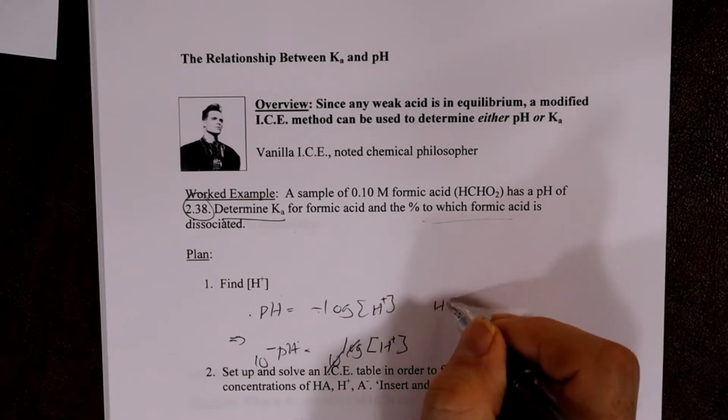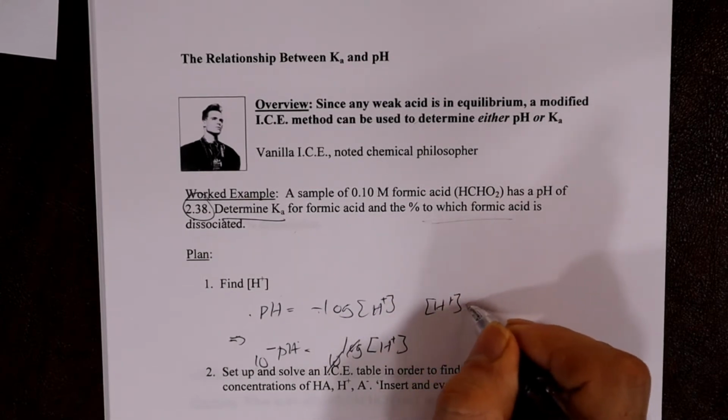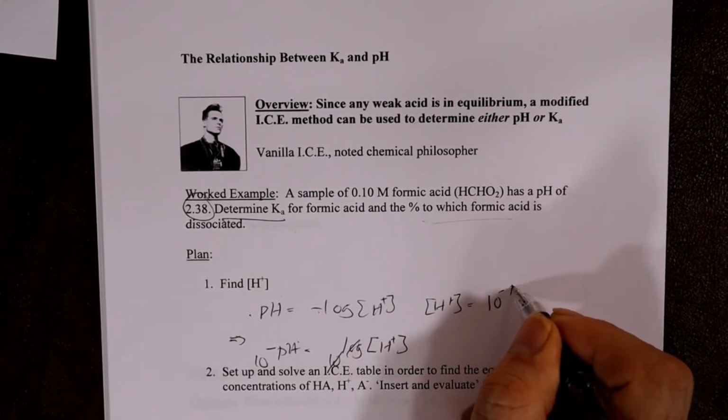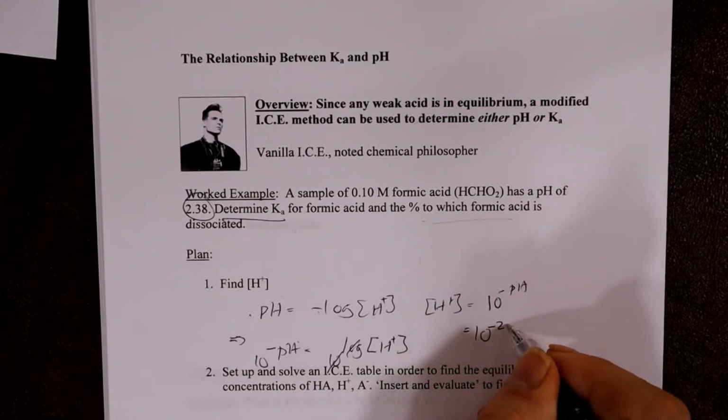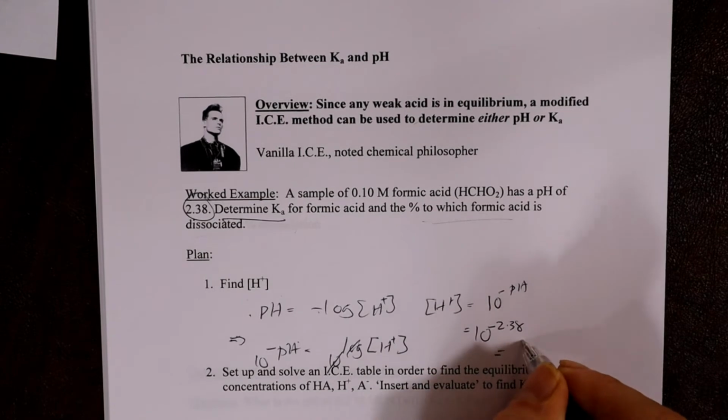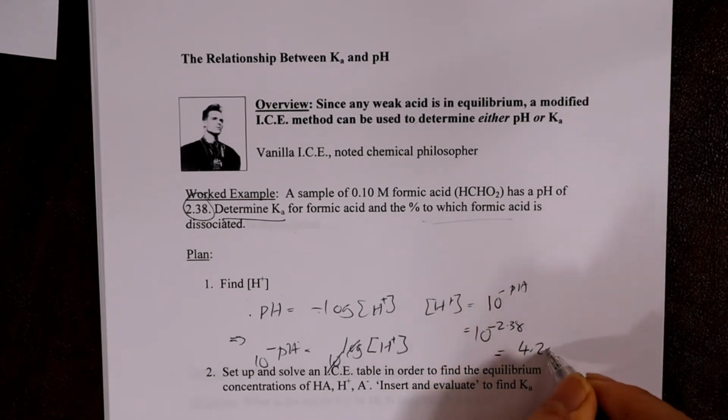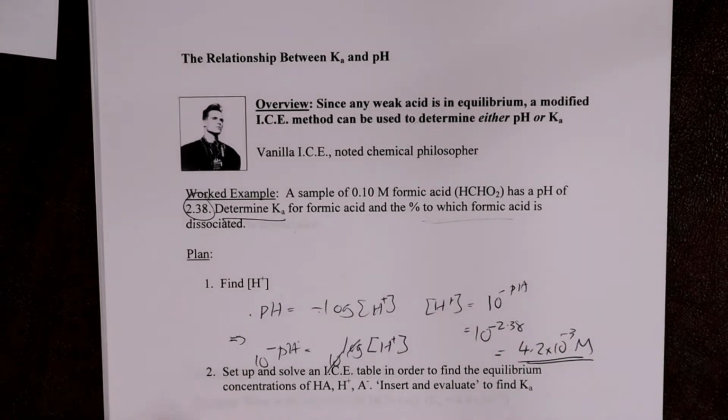So H plus concentration equals 10 to the minus pH. In our example, 10 to the minus 2.38, which equals 4.2 times 10 to the minus 3 molar. All right, so the concentration of H plus is 4.2 times 10 to the minus 3 molar.